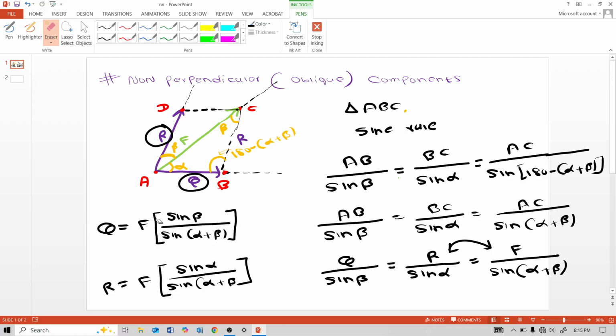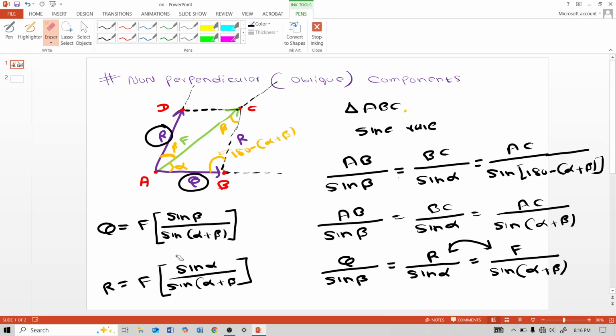Q is equal to F into sine beta upon sine of (alpha plus beta), and the denominator is the same, sine of (alpha plus beta). F is also the same. The only difference is alpha and beta. See, with the Q component, force F makes an angle alpha, but in the numerator there is beta. So just remember it that way.